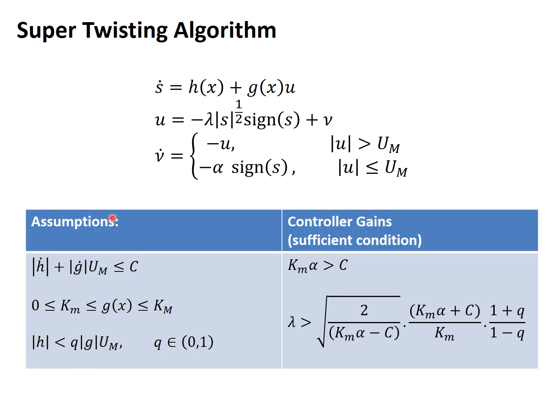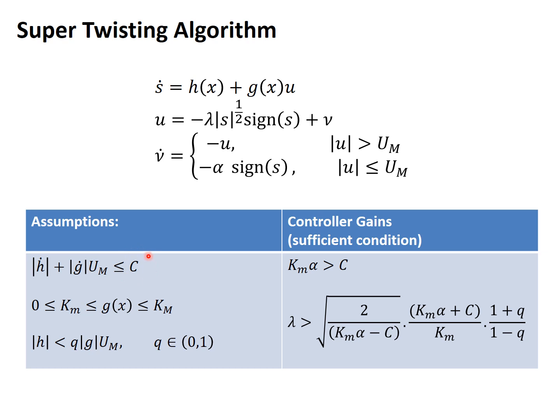So these are the assumptions and the controller gain conditions and the controller gains that we need, so that we can go ahead with the proof. You keep these assumptions noted down somewhere, because I will not come back to this slide, but we will be using these assumptions throughout the proof. This is the first assumption, which is the bound of H dot plus the bound of G dot multiplied by U_M is less than some c.